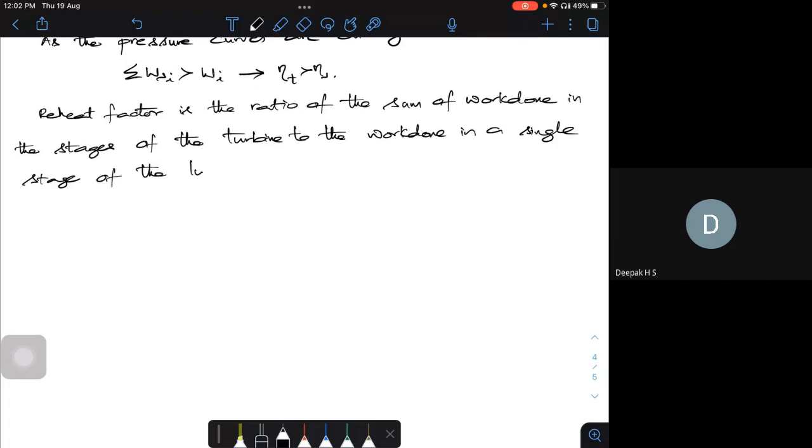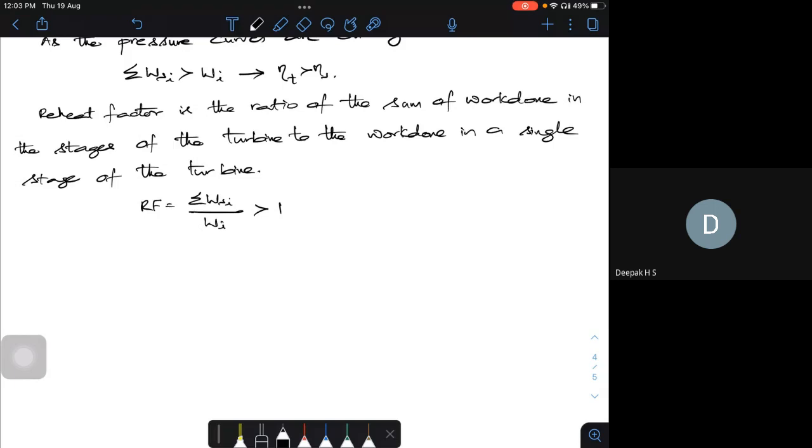And this is called the reheat factor. It is the sum of WSI divided by WI, which is always greater than 1. Okay, this is called your reheat factor.